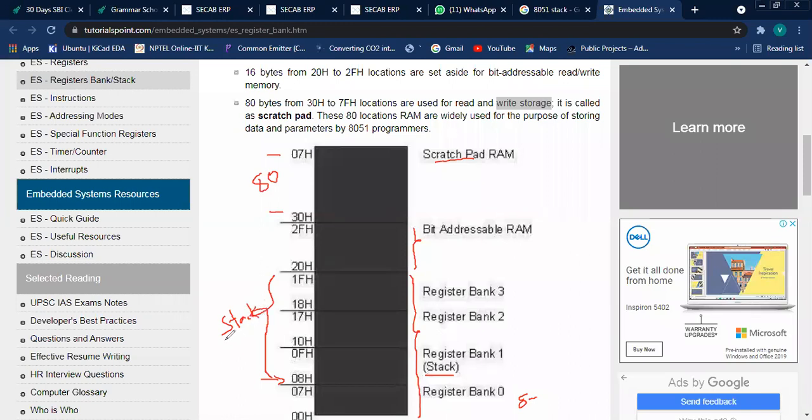I told you the stack memory is one of the segments, one of the parts in any kind of architecture, either it may be a microprocessor, or a microcontroller, or any ARM processor. So why is this stack there? What is the necessity of this stack memory?